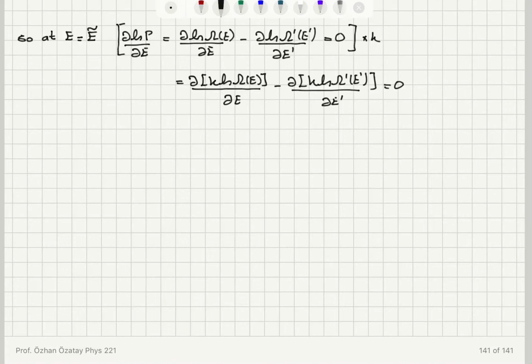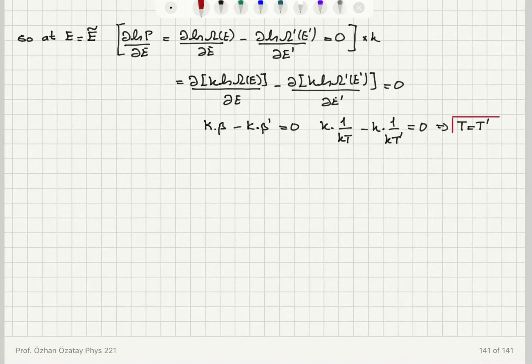So this is basically kβ minus kβ' equal to 0, so k times 1/kT minus k times 1/kT' equals 0. In other words, the absolute temperatures must be the same.